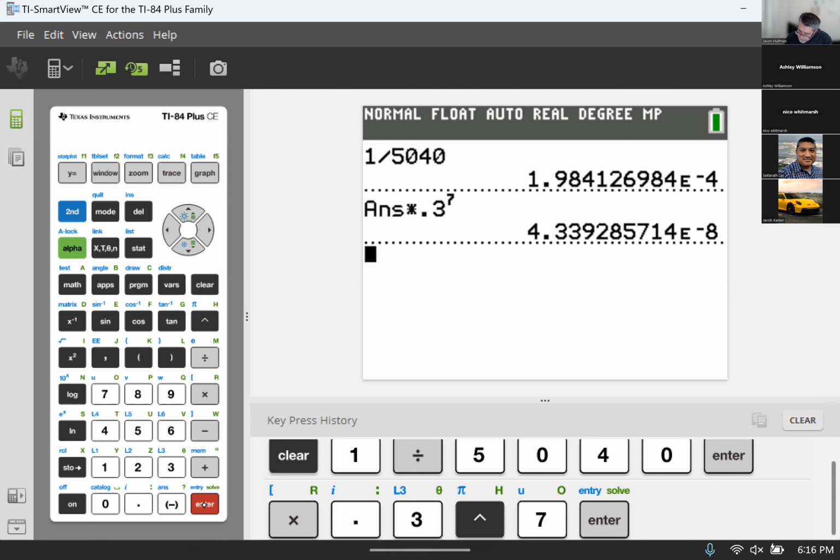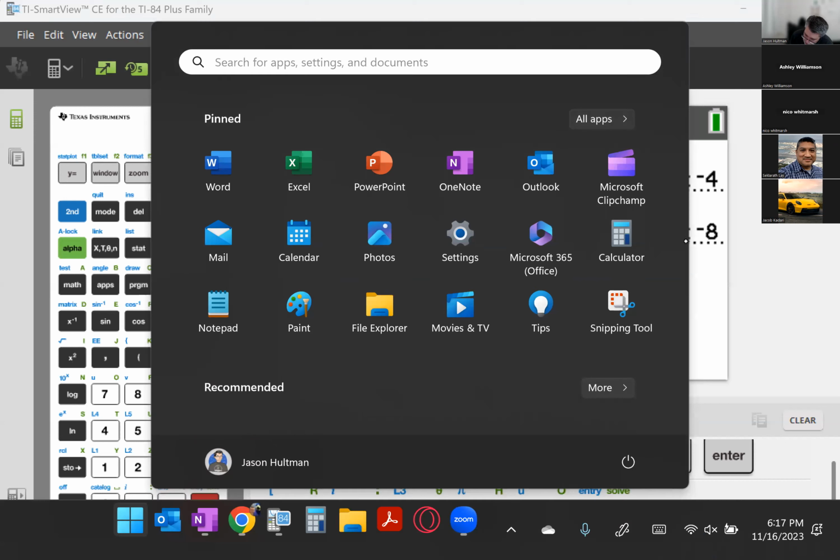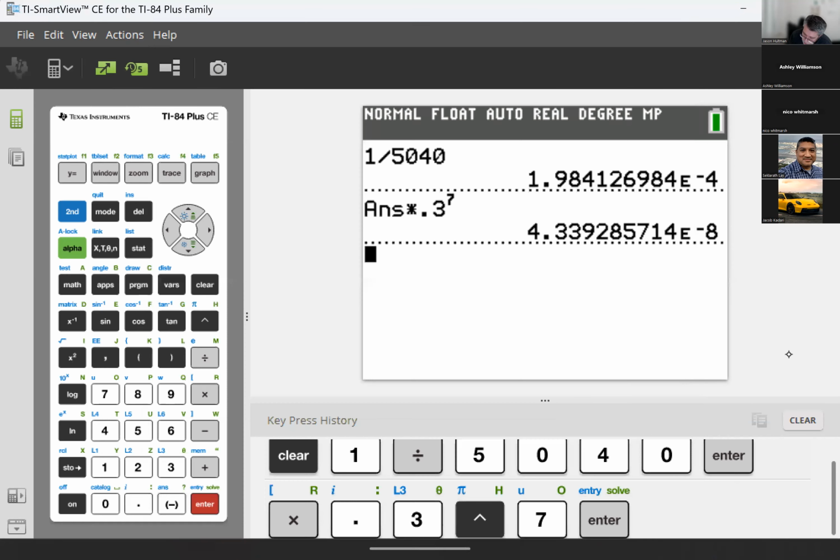That's 4 point, and I'm going to round up to 4.4, because I want a complete upper bound, not something that could be slightly off. So 4.4 times 10 to the negative 8th power. That's 2 4s with 7 zeros in front of it. So an extremely small number.